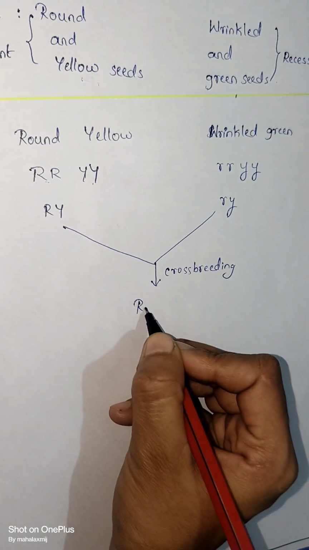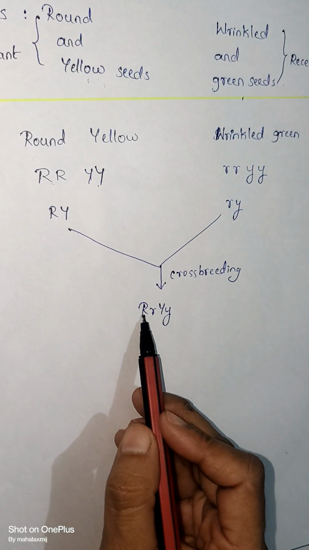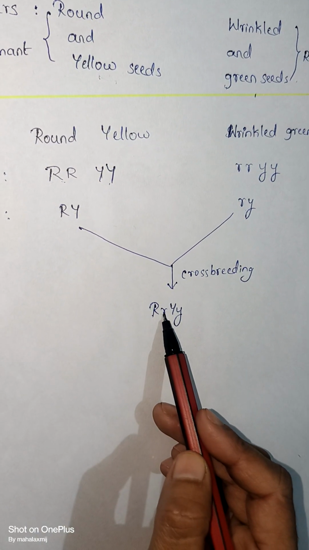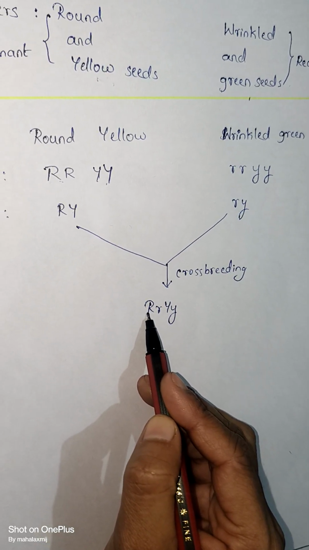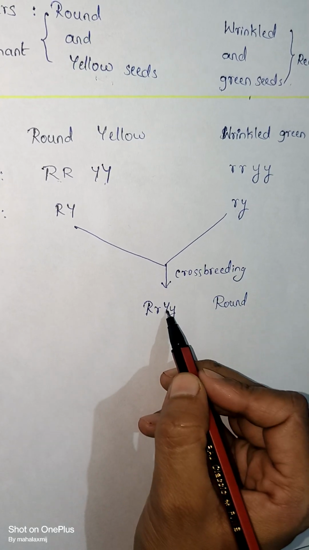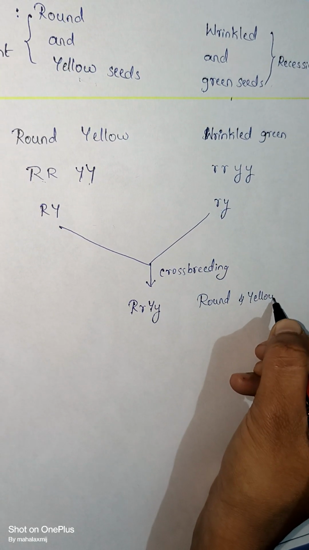they produce capital R, small r, capital Y, small y. As two R's are there, we have to write them together. That is capital R, small r, capital Y, small y. As R is dominant here, capital R, it is round. And here capital Y we are getting, so it is yellow.